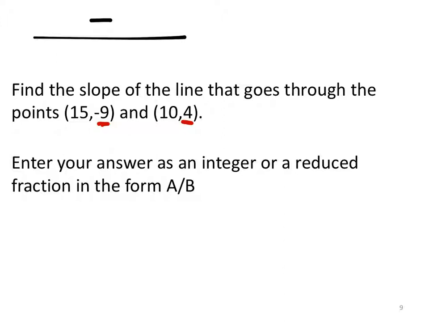And in this case, we have the two values, -9 and 4. We just want to figure out the distance between these two. The x values represent the horizontal length. And since we're looking at how far apart these two are, once again, we're looking at subtraction. So in this case, I would do 15 minus 10.